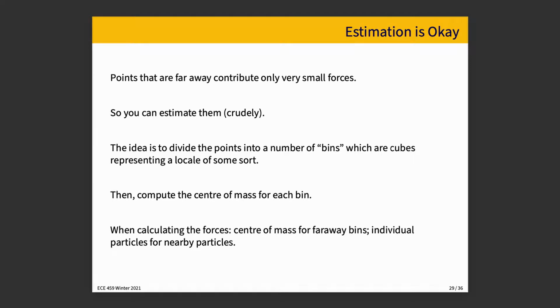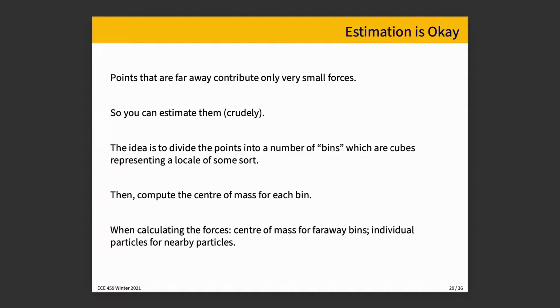We could use an estimate for points that are in that middle distance. Points that are far away, but not absurdly far away, contribute only a small force, and you can estimate them in some crude manner. And our strategy is we will divide the points into bins, and a bin is going to be a cube representing some area of space, and we can compute the center of mass for each bin.